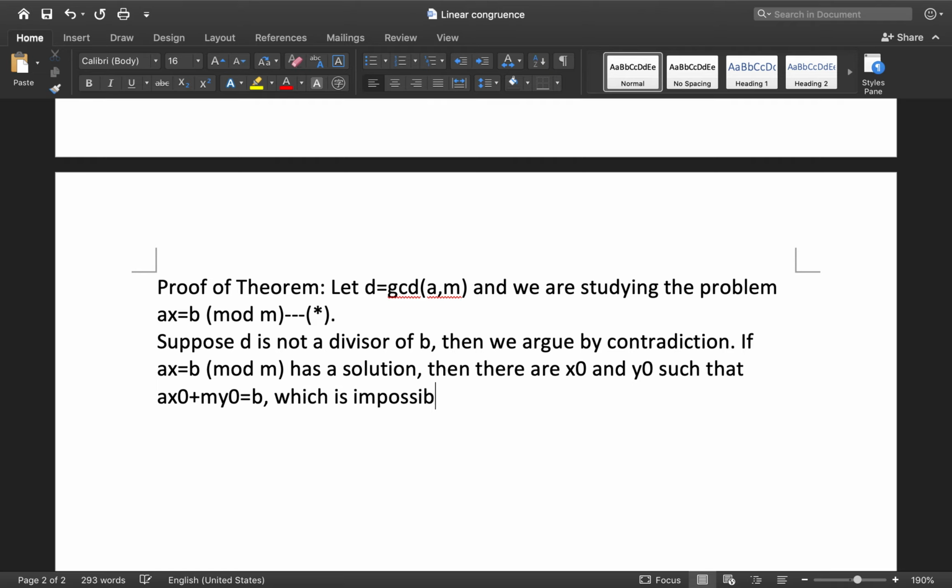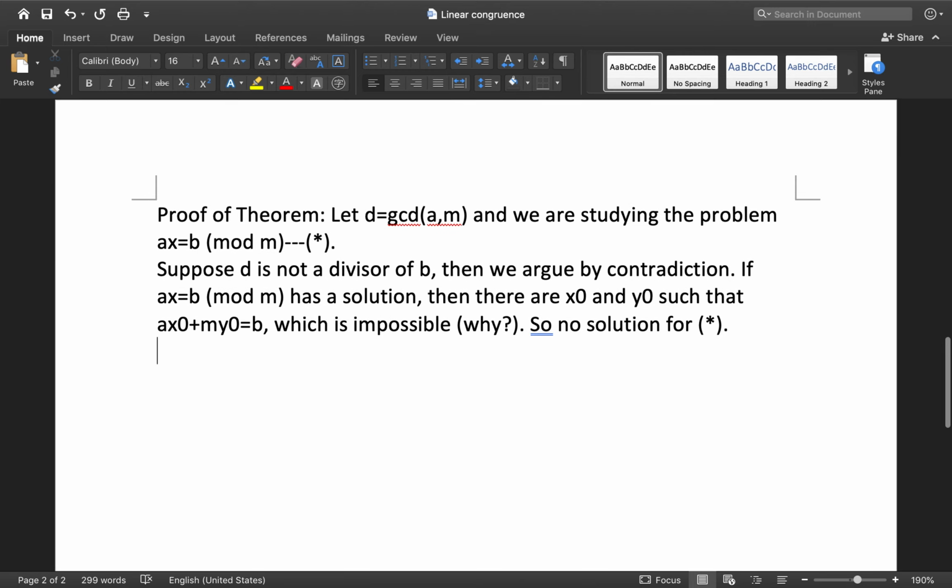So the first case is easy: if D is not a divisor, then there is no solution for star.